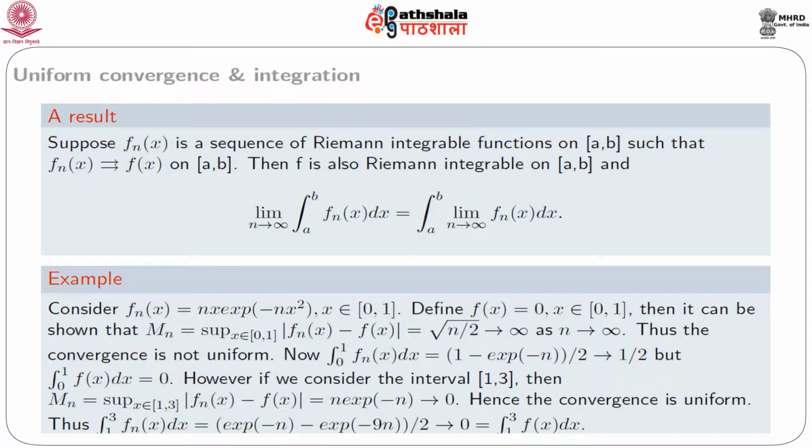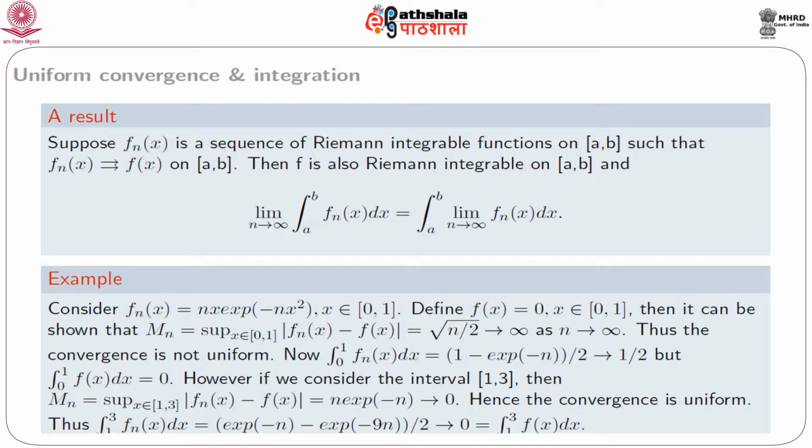Now, as a consequence, we find that the integral of fn(x) over 0 to 1 comes out as 1 minus e to the power minus n, divided by 2, which goes to half as n tends to infinity. But the integral from 0 to 1 of f(x) dx, that is the integral of the limit function, comes out as 0. So, these two are different.